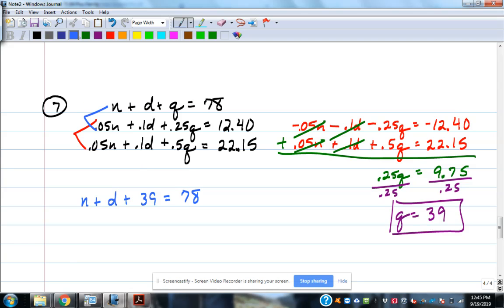And I could solve that one to get the n and the d by themselves there. So subtract 39. And that'd be n plus d equals 78 minus 39 is how much? 39 again. All right. And then I would take the second equation.